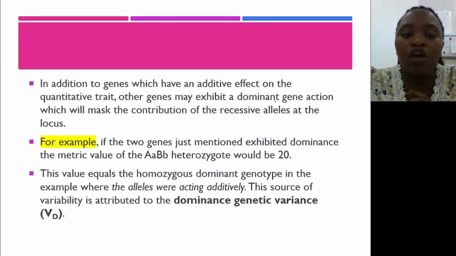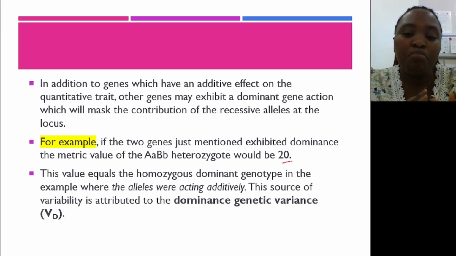Dominant gene action will mask the contribution of the recessive alleles of that particular locus. For example, if the 2 genes just mentioned exhibited dominance, the metric value for the heterozygote would be 20, because the recessive forms are masked and do not contribute anything. Being 20, it resembles the completely dominant gene action.